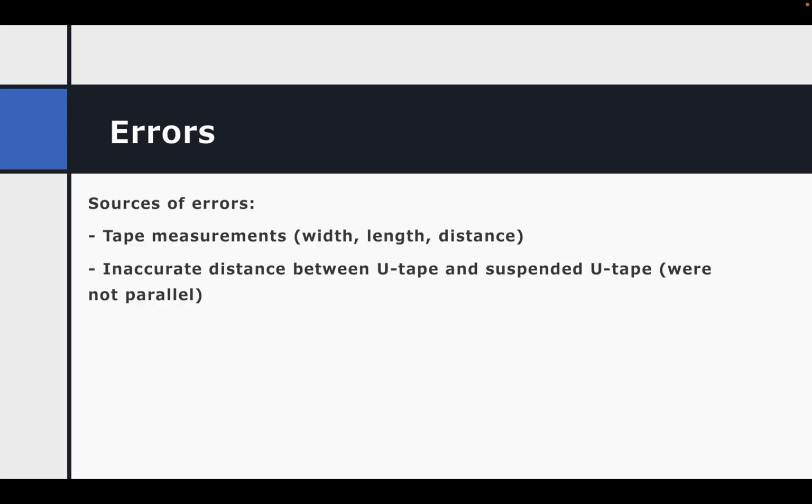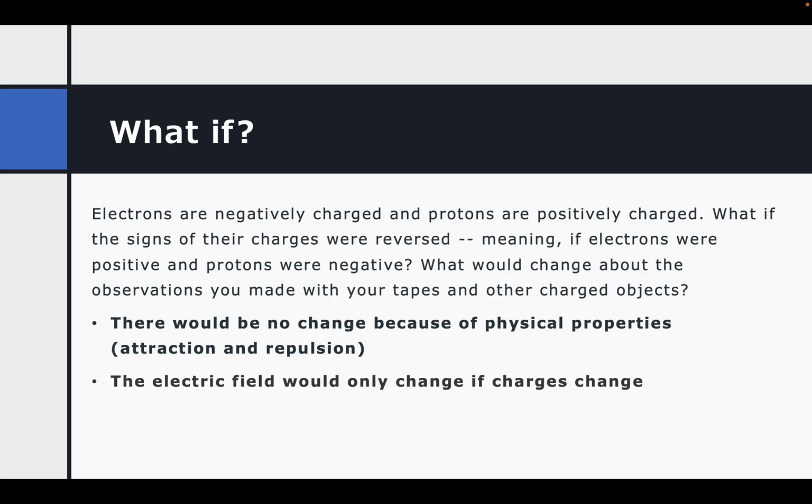Some possible sources of error were inaccurate tape measurements, and the U-tape and the suspended tape were not exactly parallel, which resulted in an inaccurate separation distance.